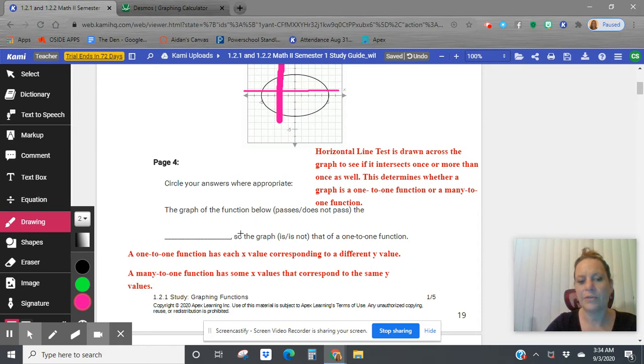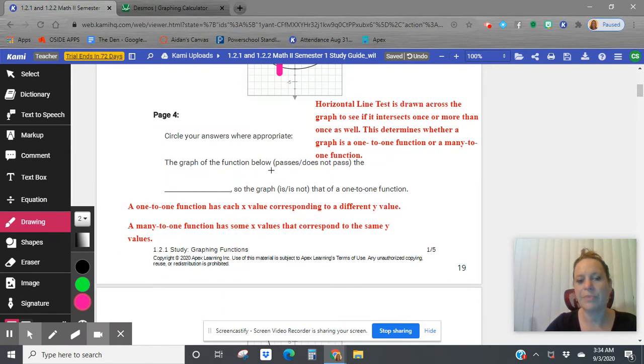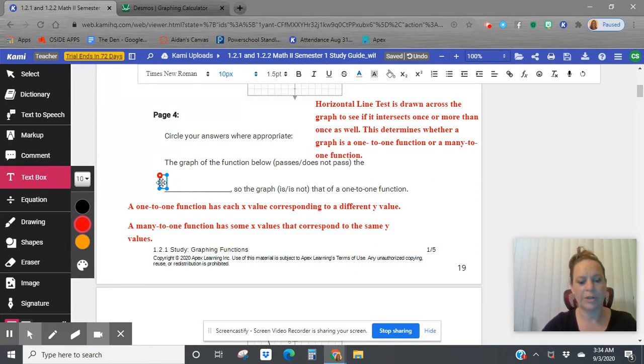Well, now it's asking you for page 4 here, looking downward, the graph of the function below, does it pass or not pass the horizontal line test this time? So we're going to go look at the graph in just a second here. Let's make the font bigger, kind of tiny.